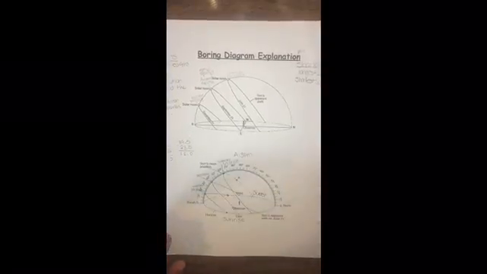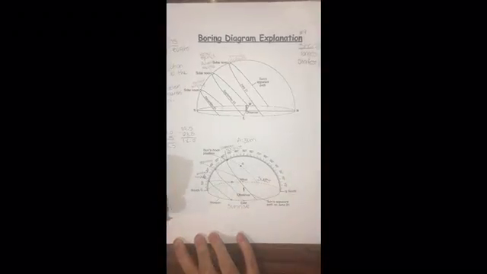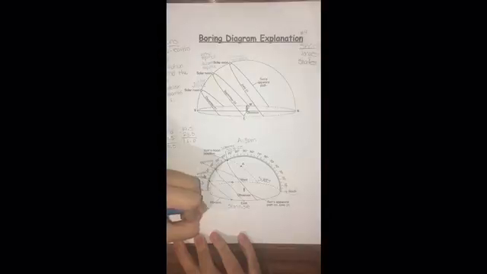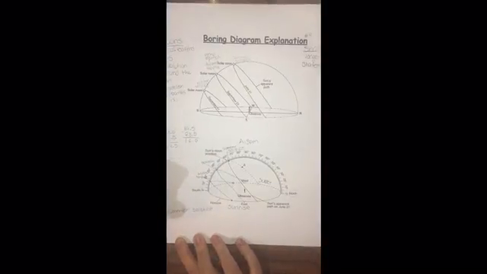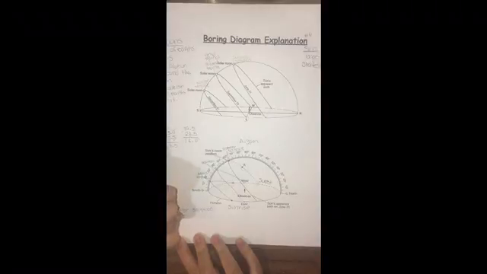Okay. So, this is going to be a big diagram, so follow along with me. The summer solstice. The autumnal equinox.